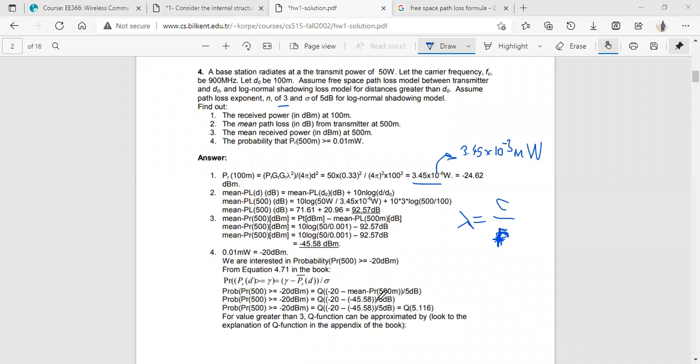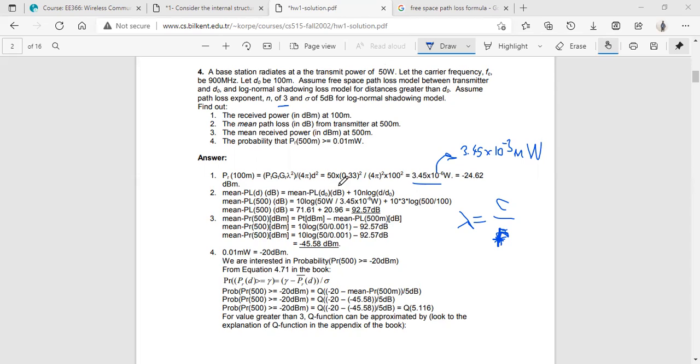The mean received power is basically equivalent to the transmitter power in dBm minus the mean path loss at 500 meters. So that is going to be equivalent to 10 log of 50 divided by 0.001. This is basically converting 50 watts into milliwatts.